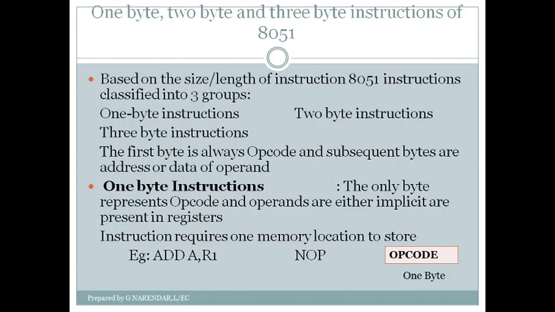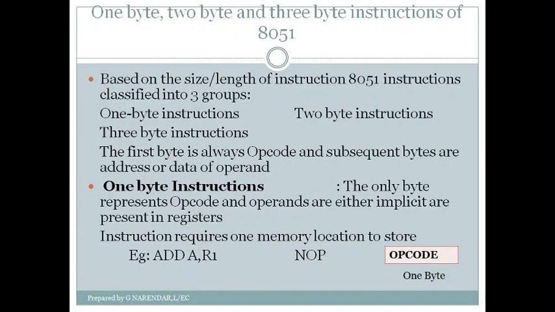Then what about the operands? For 1 byte instructions, the operands are present in registers or they are implicit. Implicit means automatically understood by the controller.